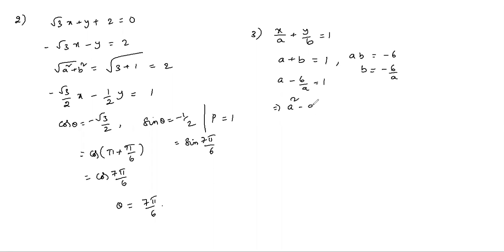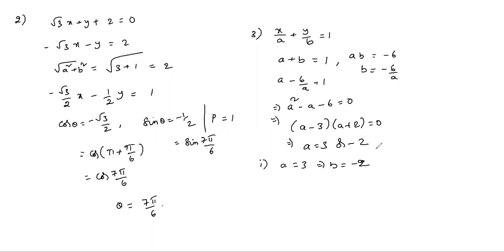A square minus a minus 6 equals 0. So (a minus 3)(a plus 2) equals 0. So a value is 3 or minus 2. When a is 3, b is minus 2.